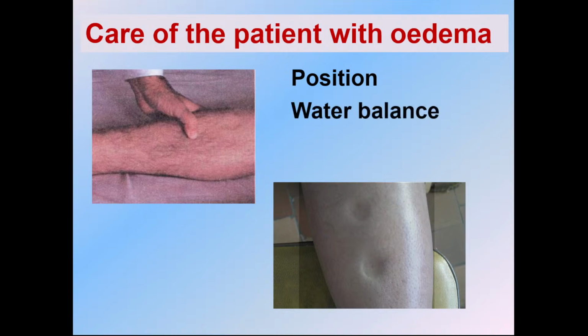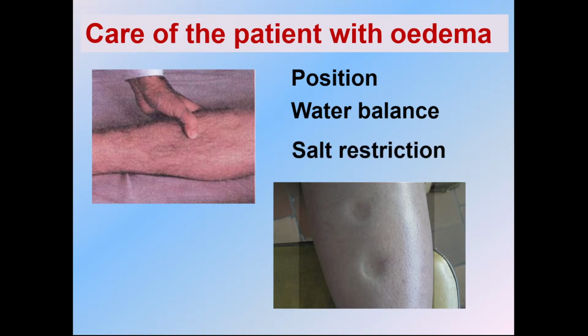The next recommendation: the patient obligatorily must control water balance. He must count the amount of excreted urine and take in less liquid than the excreted urine. For example, if the amount of urination is nearly 1 liter per day, the patient can take in nearly 800 milliliters of different fluids, because if the intake exceeds the amount of excreted urine, liquid will be held inside the body and edema only progresses.